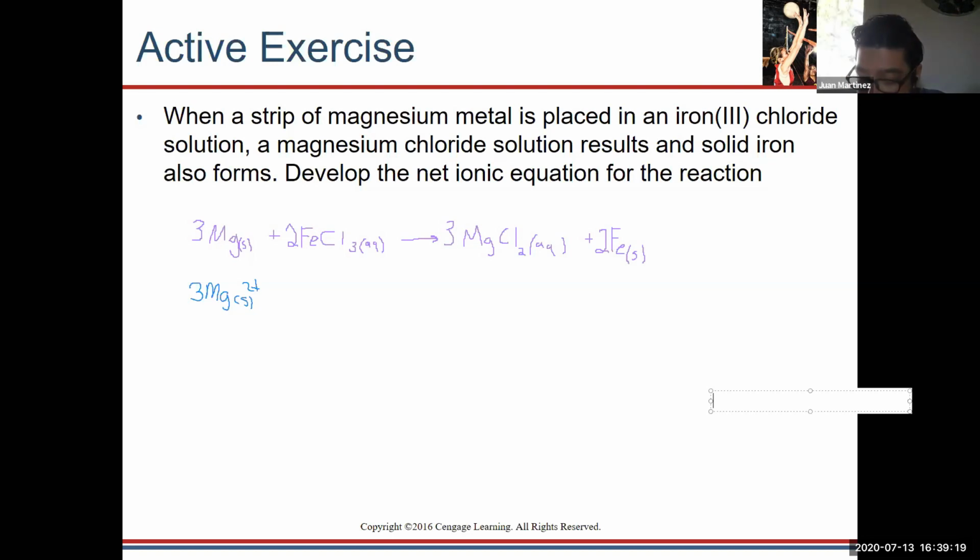No charge. So magnesium, no charge. This one's 3 plus. That one is a 3+ charge, yes.